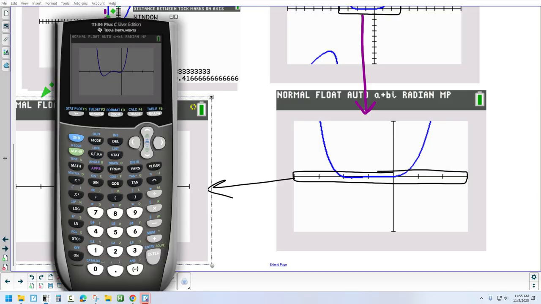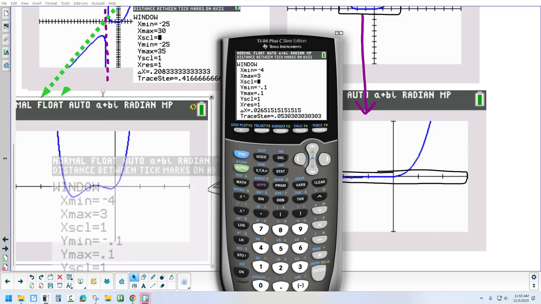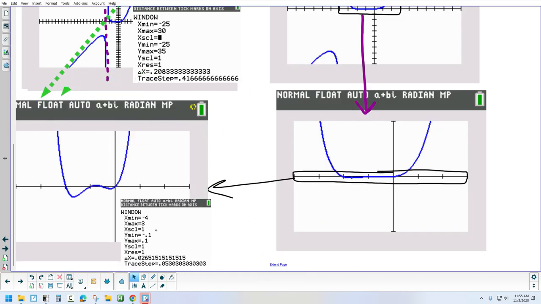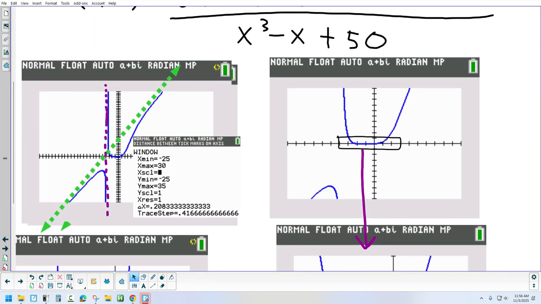To check for x-intercepts, if it had one, couldn't you also do the calculate intersect? If you wanted to find them all? Yeah, if you wanted to just see if there was one, without zooming in. Well, the problem is if you don't zoom in, let's say there were 30 x-intercepts in there. You may find one of them.